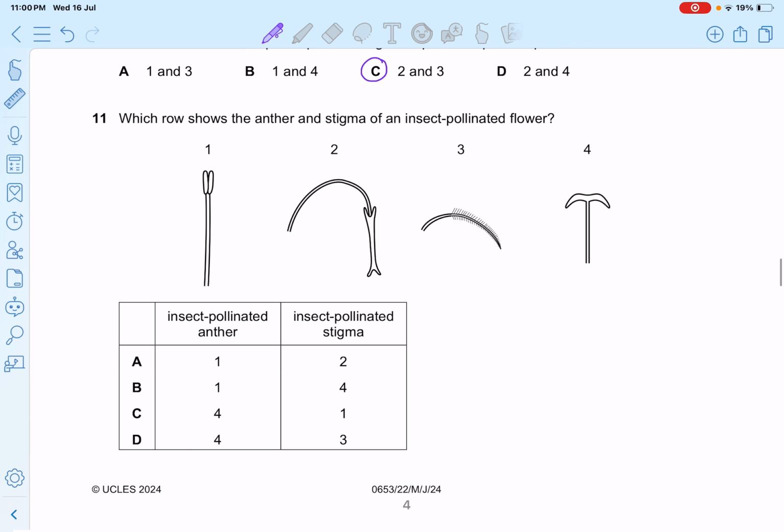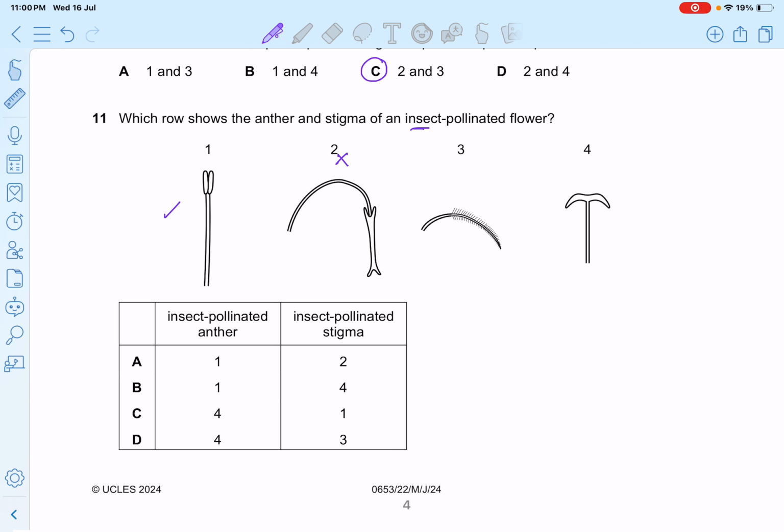Question 11. Which row shows the anther and stigma of an insect-pollinated flower? For an insect-pollinated flower, we know that the anther is inside the flower, so we will accept number 1. Ignore number 2. And what about the stigma?